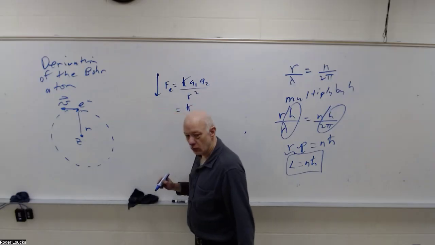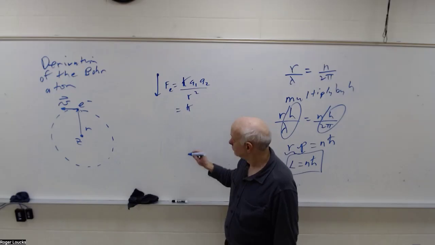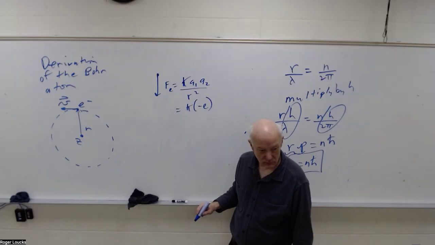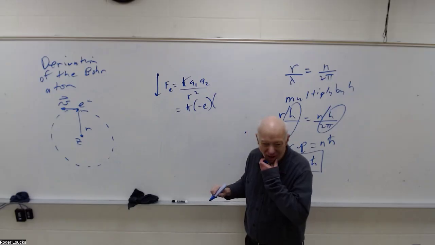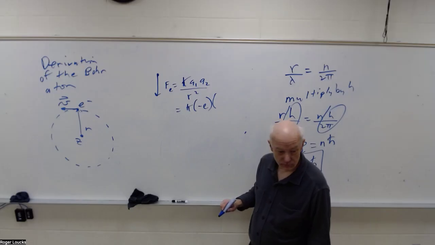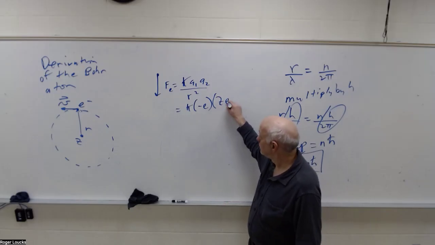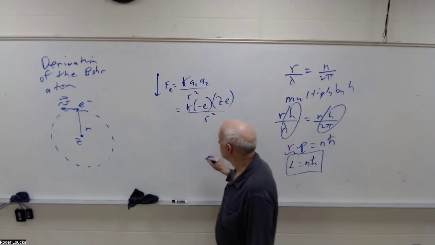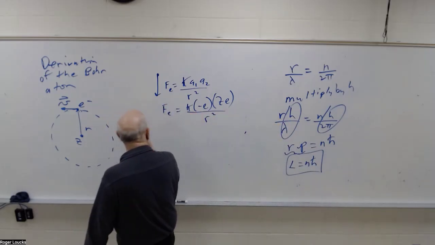Here's k. q1 is the charge of an electron, minus e. What's the charge of the nucleus? Throw in our Z protons, plus Ze, over r squared. And this is the force on the electron.